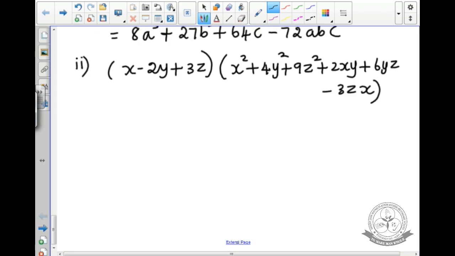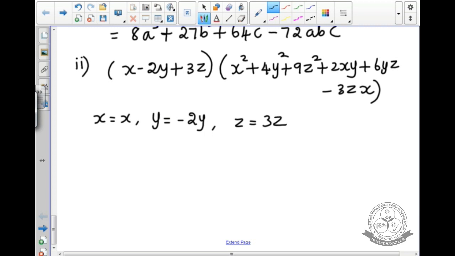So this is also the same method. So here x is equal to x. In this formula x is equal to x and y is equal to minus 2y. Then z is equal to 3z. The same formula we are going to use.